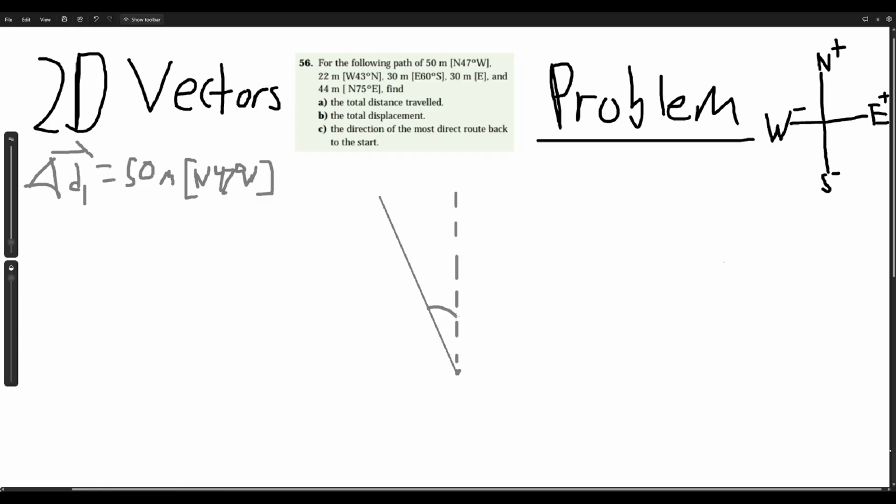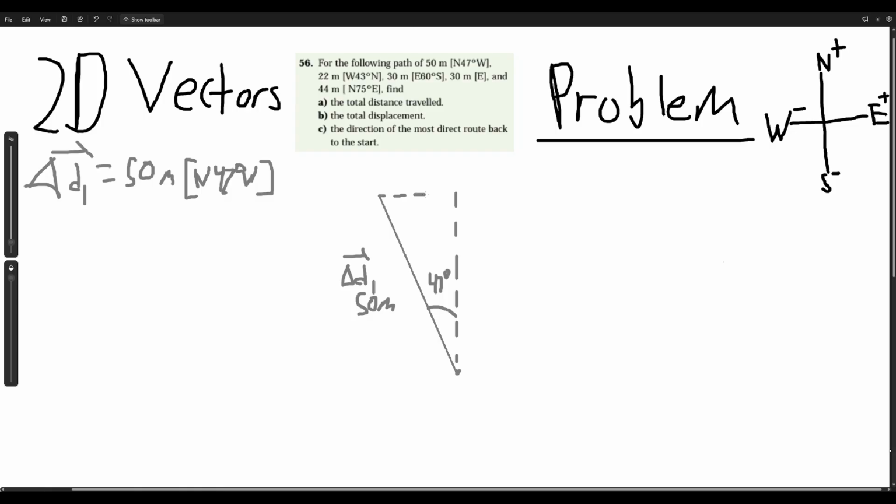And this angle touching the north axis would be 47 degrees. We can label this as D1, 50 meters, and we're gonna have to break this up into X and Y components later.